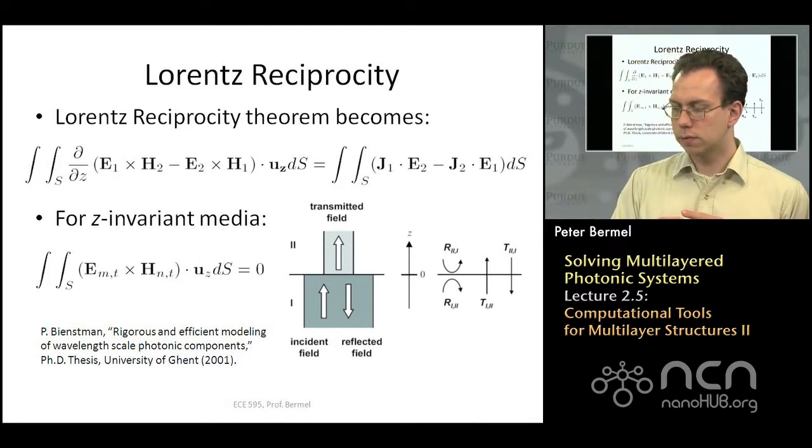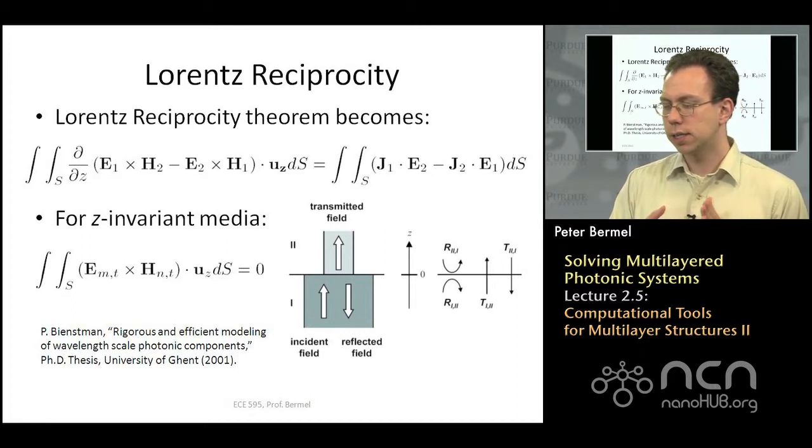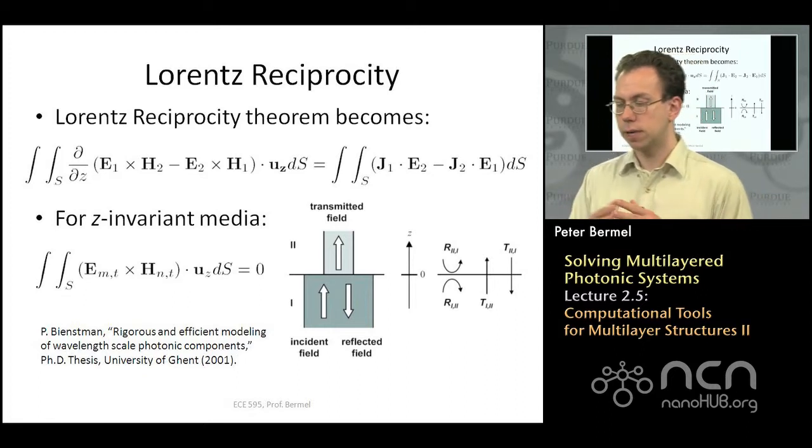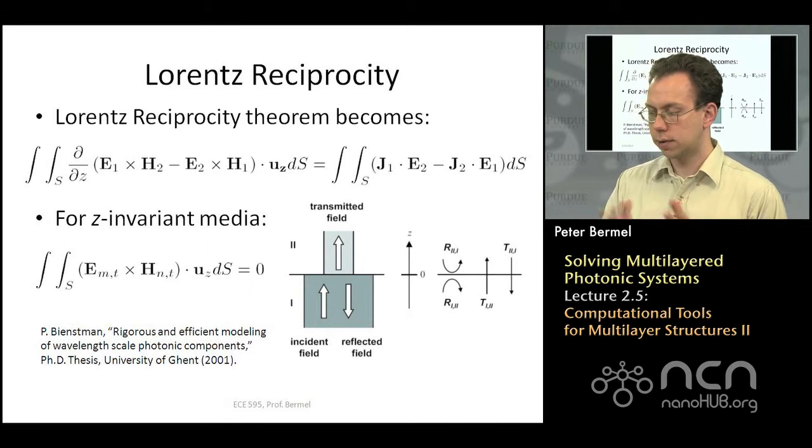The reason why it's so useful for us is that in particular, it tells us that if you have two media, the starting and ending media, and they're both Z invariant, then this difference of the powers dissipated has to be equal to a constant. Since we're taking the derivative with respect to Z, you integrate out the Z dependence, and the Z derivative must be equal to 0, by definition.